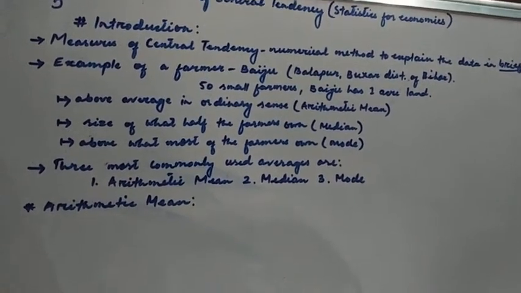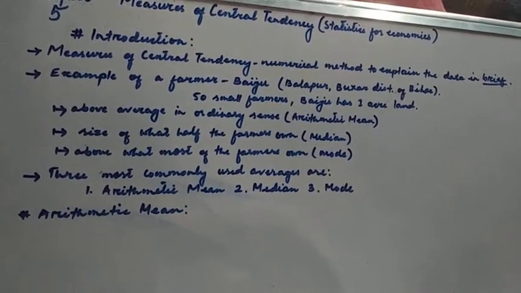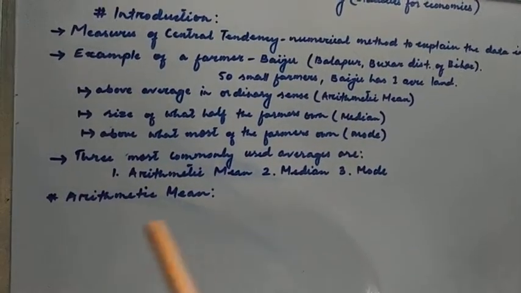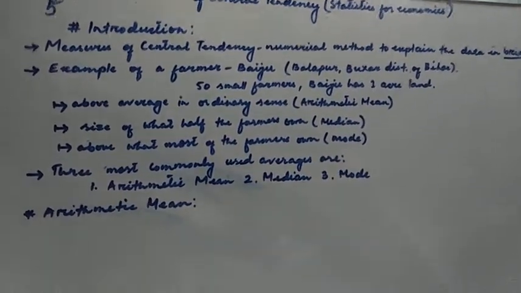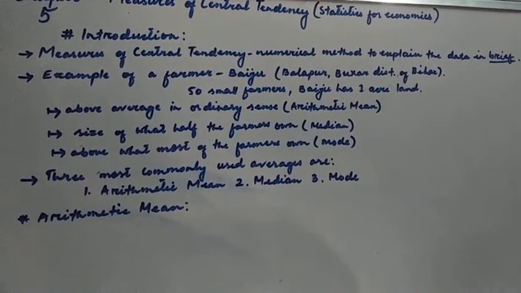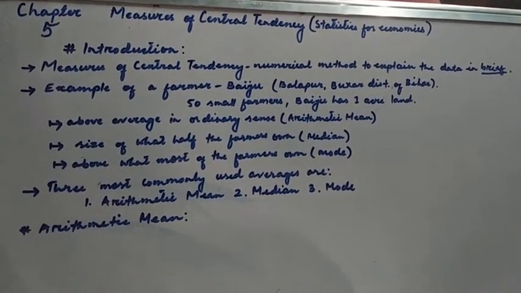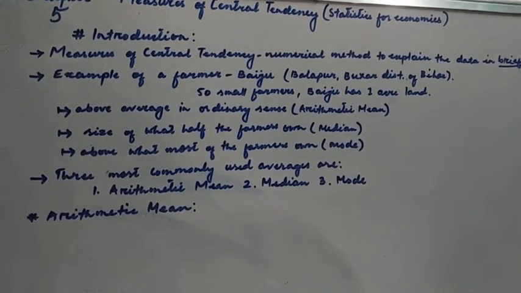So without further ado, we will talk about arithmetic mean. First up, we have arithmetic mean. How to compute arithmetic mean? How do we represent the whole set of data in a single value with the help of arithmetic mean?